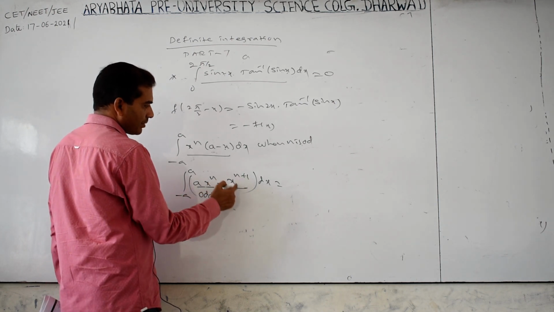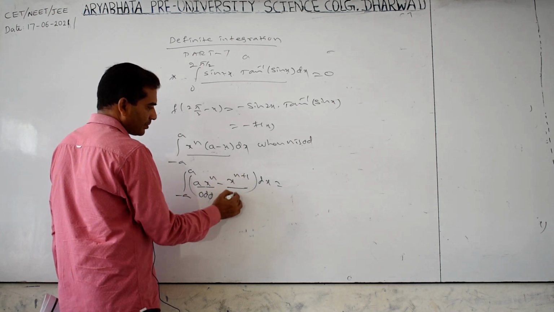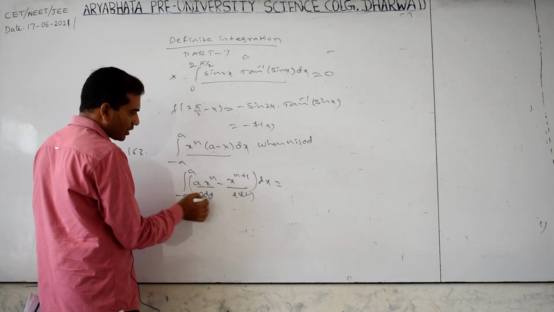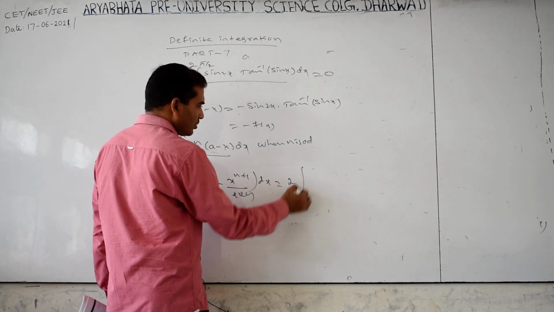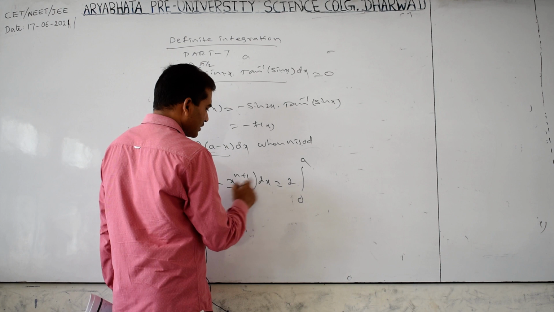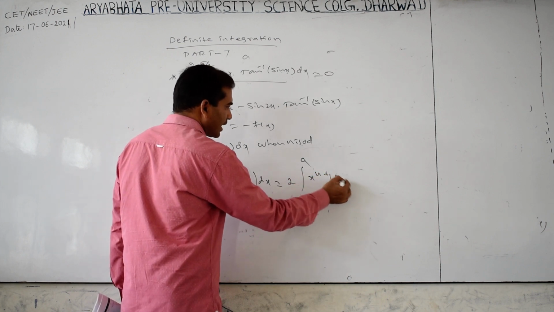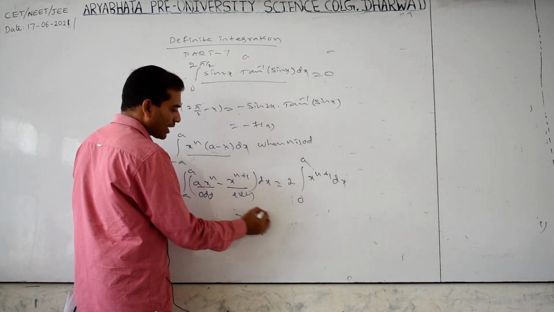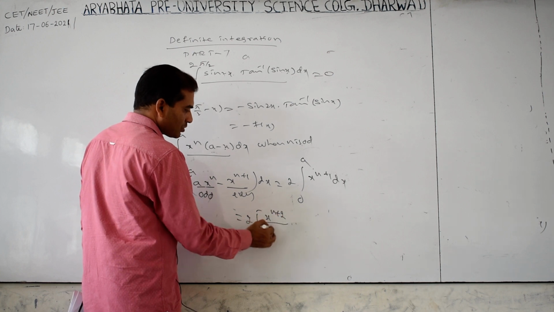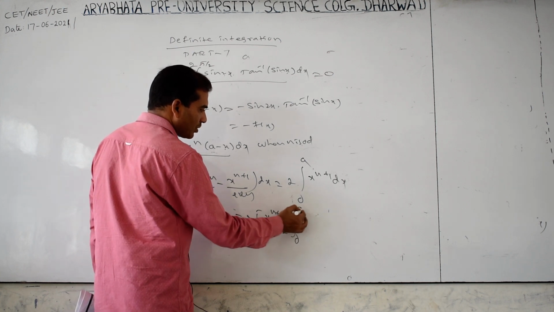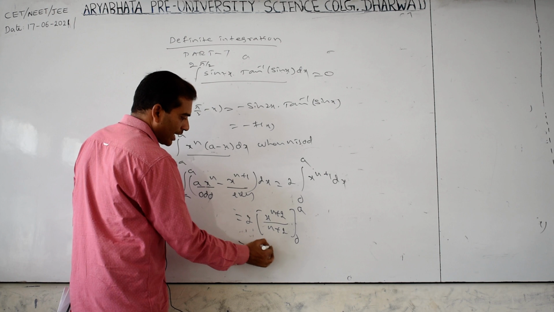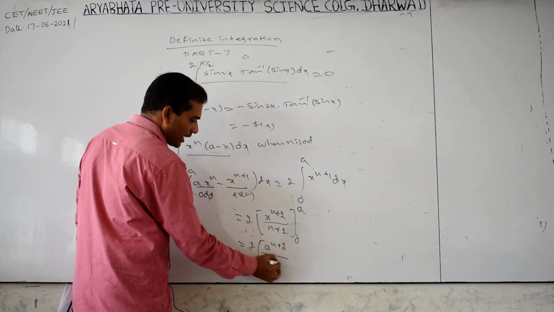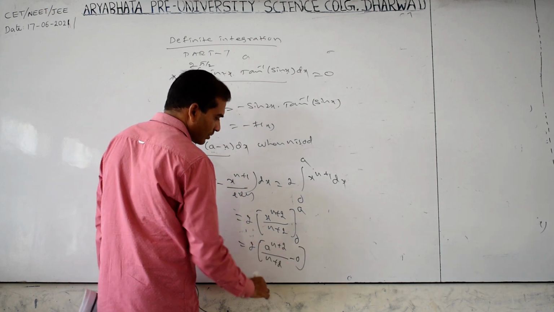The second is even, since n plus 1 is even. So up to this it is 0, then the even part is 2 into 0 to a x power n plus 1 dx. 2 into x power n plus 2 by n plus 2, limit 0 to a: 2 into a power n plus 2 by n plus 2. Lower limit is 0. This is the answer.